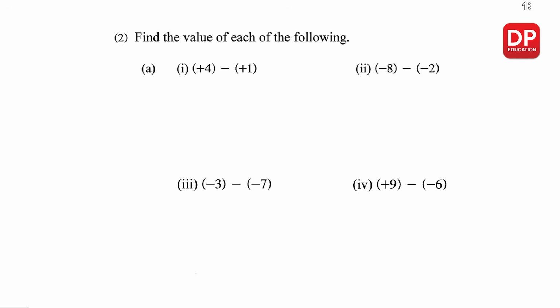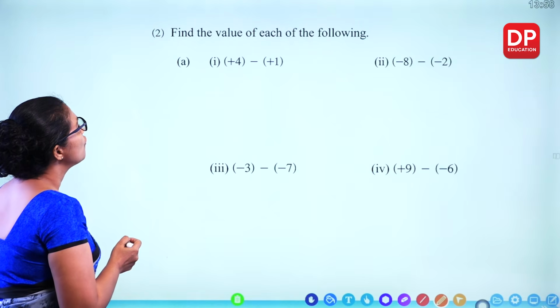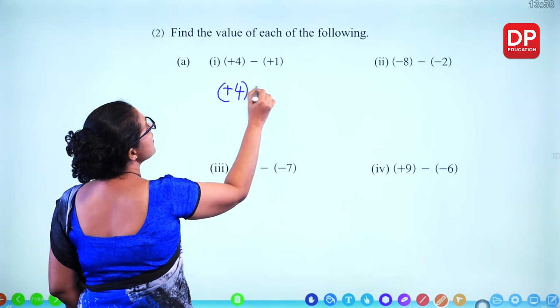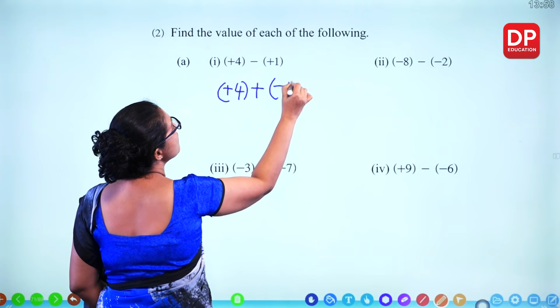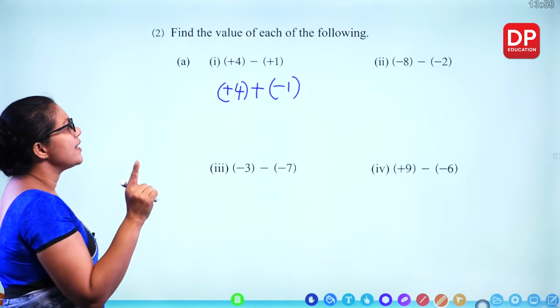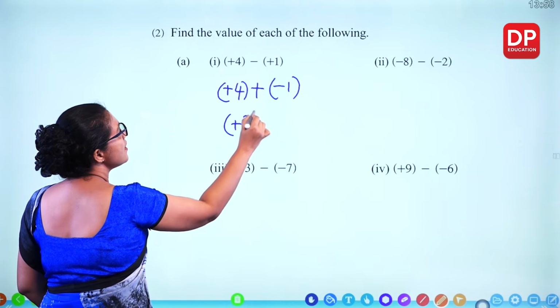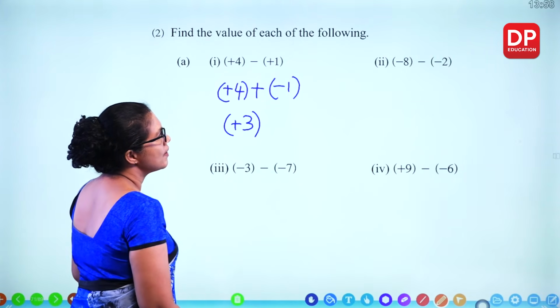Find the value of each of the following. So, 4. You can write this one as adding the additive inverse of this. 4 minus 1, you get 3. Positive number because the higher number is positive.